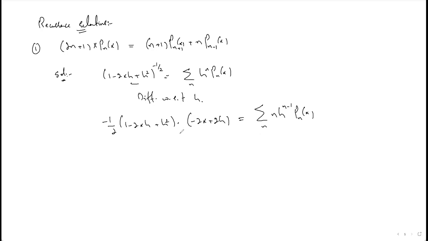Okay, now what I will do, I will just multiply both sides by the factor 1 minus 2xh plus h square.